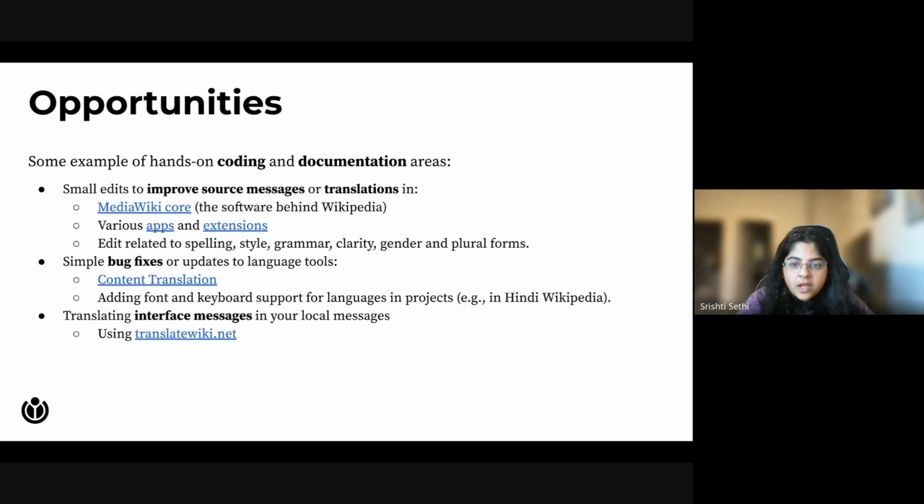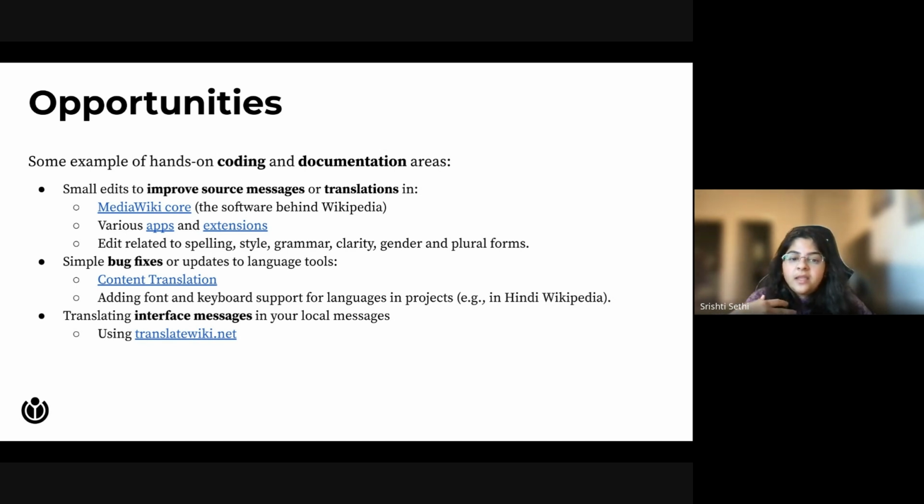So now I would like to, very briefly again, talk about the kinds of coding and documentation tasks that we have. So again, very simple. You can make small edits to translation messages in software like MediaWiki Core.